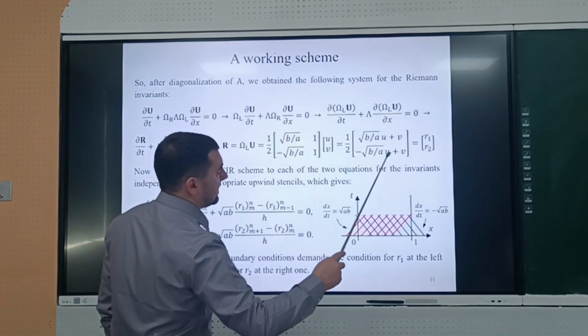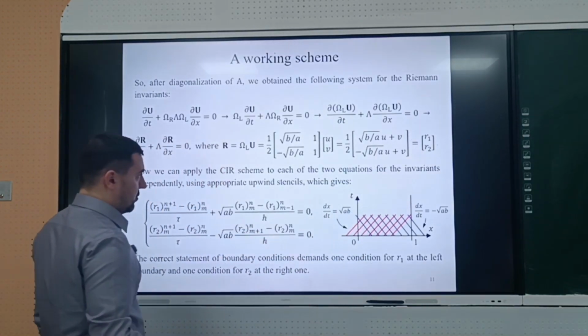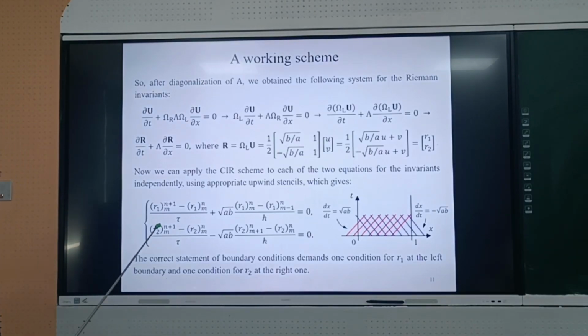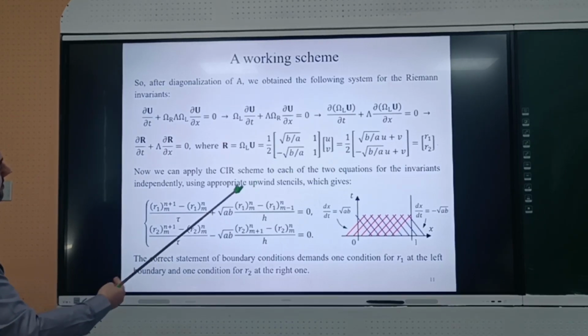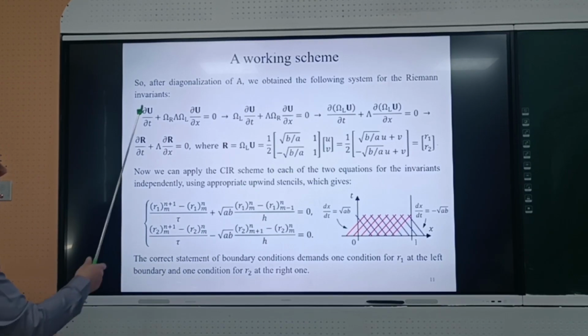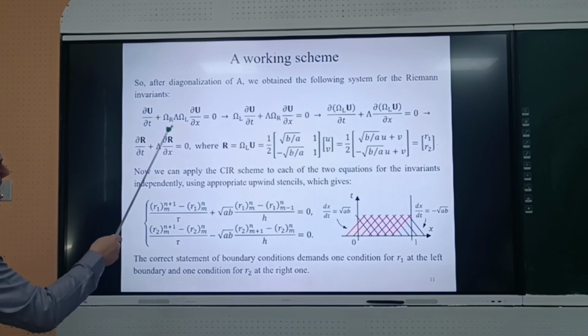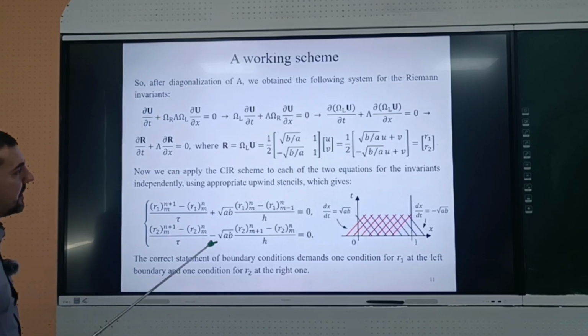These are Riemann invariants. We can call them R1 and R2. And now we can make a transition from our initial coupled system to a set of independent linear advection equations.